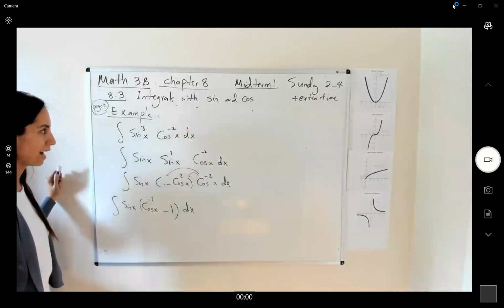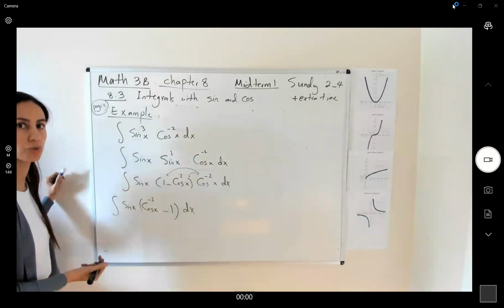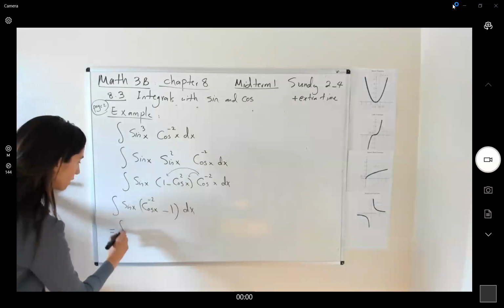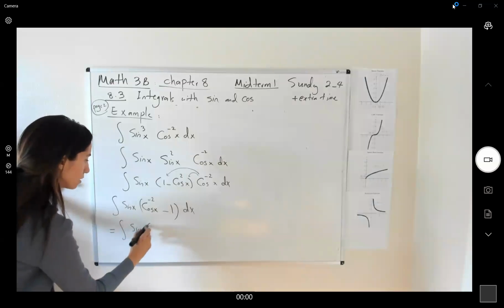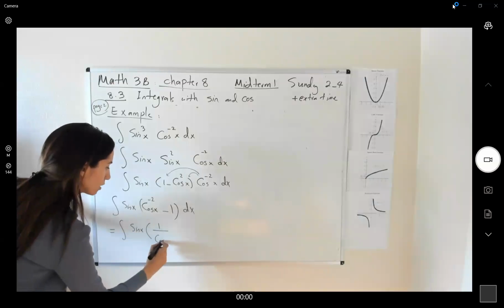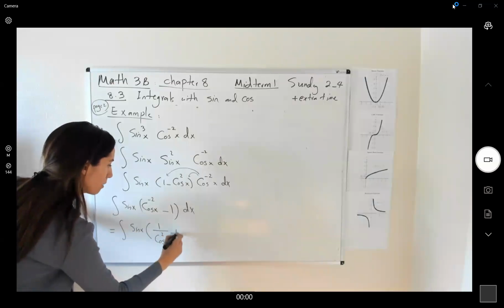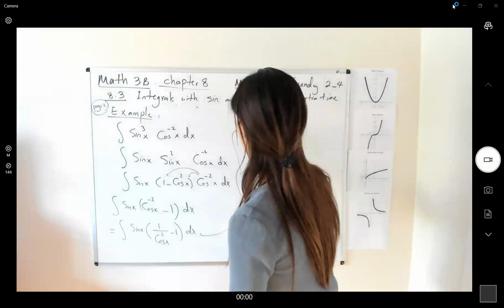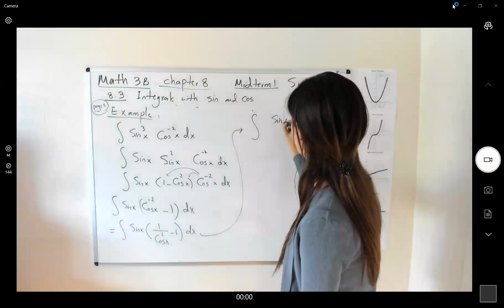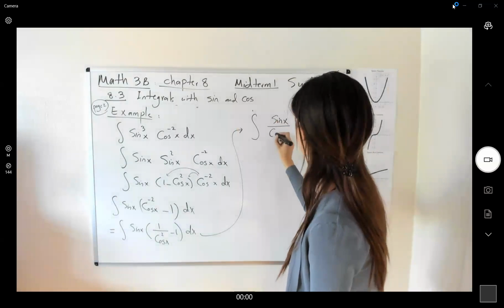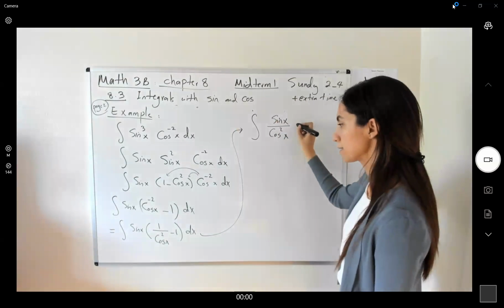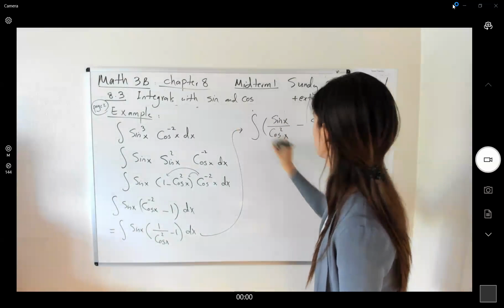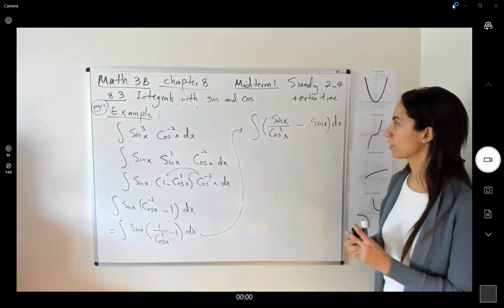Okay. Now it makes sense to use u substitution. If you rewrite this as the integral of sine x times 1 over cosine squared of x minus 1 dx, this is actually the integral of sine x over cosine squared of x minus sine x dx, which is easy to work with.